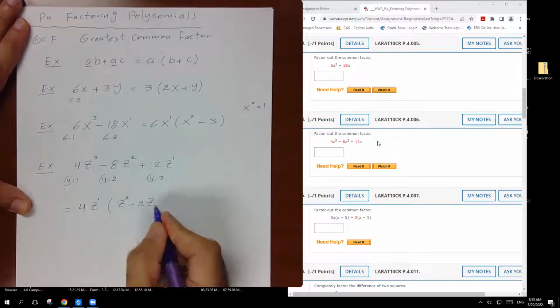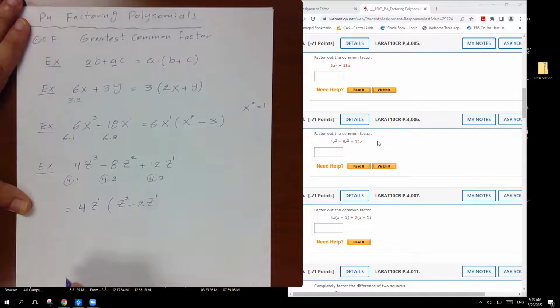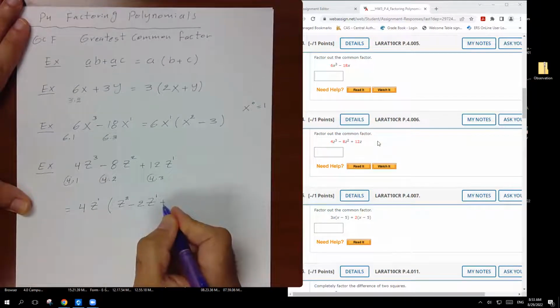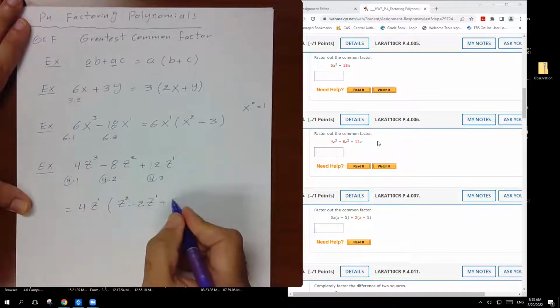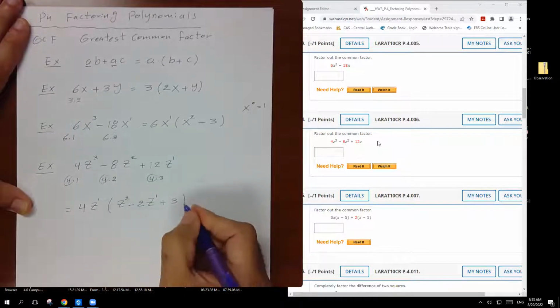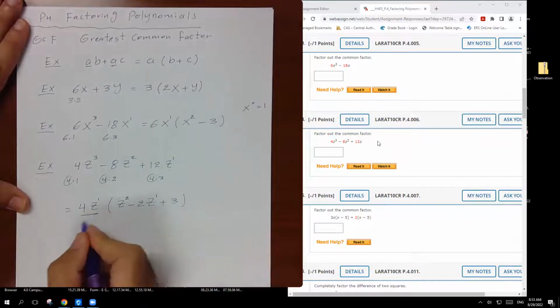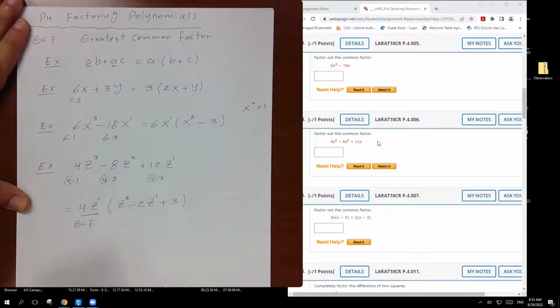Here is the z, 2 minus 1 is going to be 1. Plus 12 divided by 4 is going to be 3. 1 minus 1 is going to be 0, I don't have to write down the z. That's the parentheses. So this is the greatest common factor, that's what's left.